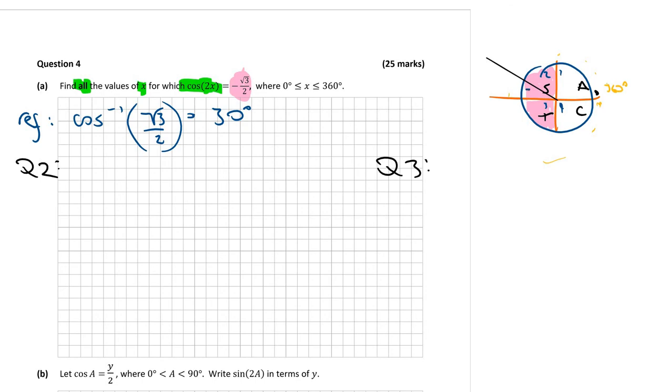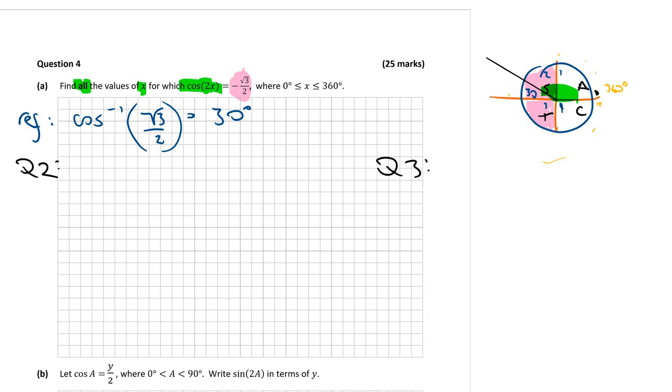This angle here is 30 degrees. So what I'm really asking myself is, what is that angle there, the one that's highlighted in green? Well, if the reference angle is 30, because I've got a straight line along the x-axis, that entire green line is going to be 180 minus the 30.